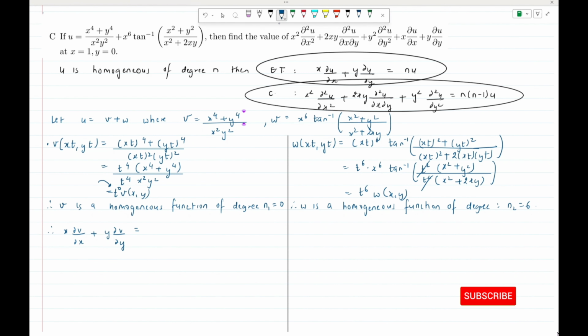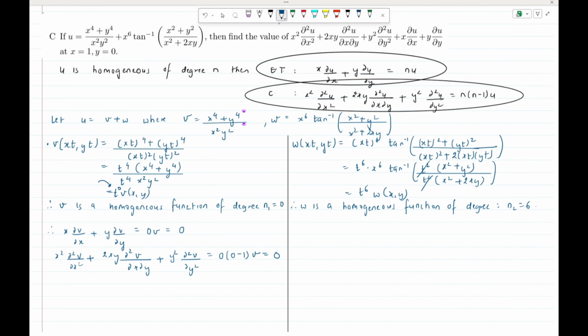Now n in this case is 0, so this is 0 times v, that means it is simply 0. Whereas by the corollary we get x square into the second order partial derivative of v with respect to x plus 2xy into del square v del x del y plus y square into del square v del y square is going to be 0 into 0 minus 1 into v, which is again 0.